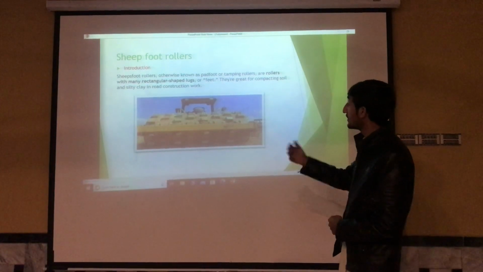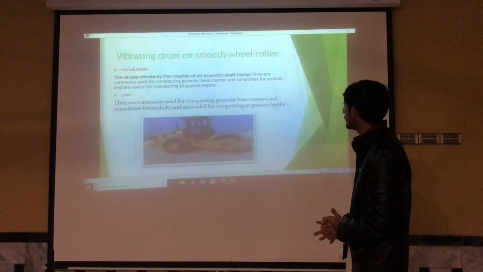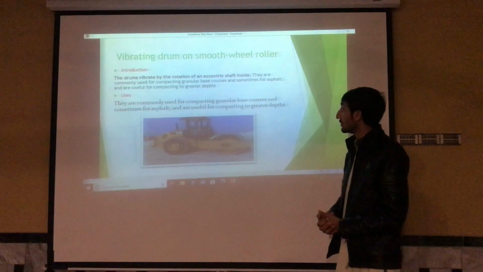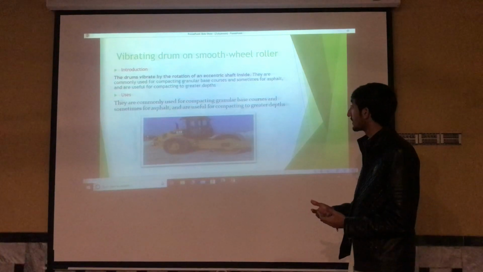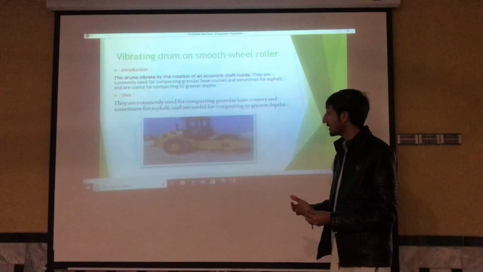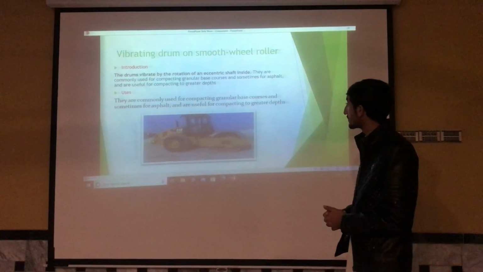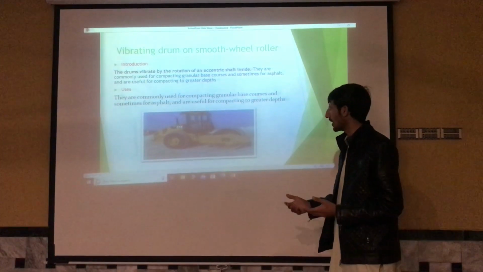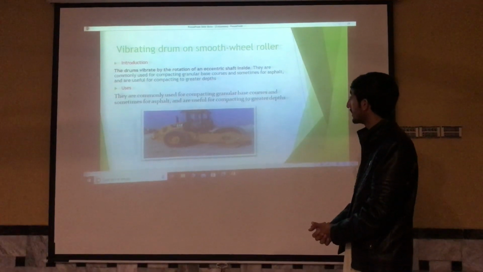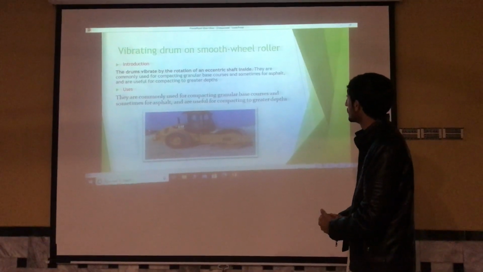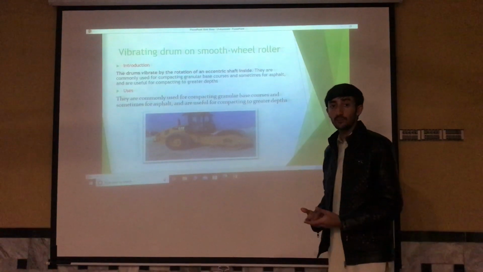The other equipment is the vibrating drum or smooth wheel roller. In this equipment, 3 compactive forces are combined. One is static pressure, which is due to the gravity or the weight of this drum, and it also has impactive force and vibratory force. The drum of the vibrating roller is filled with ballast.